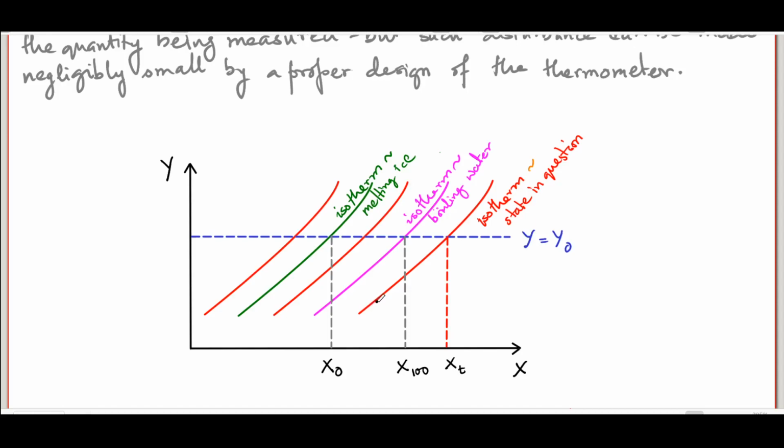In an actual experiment, what you would do is bring your system, the thermometer, in contact with whatever system you want to measure the temperature of, and then you're going to get a value xt for your thermometric parameter. Now, the way in which you translate this measurement xt into an empirical temperature theta is as follows.